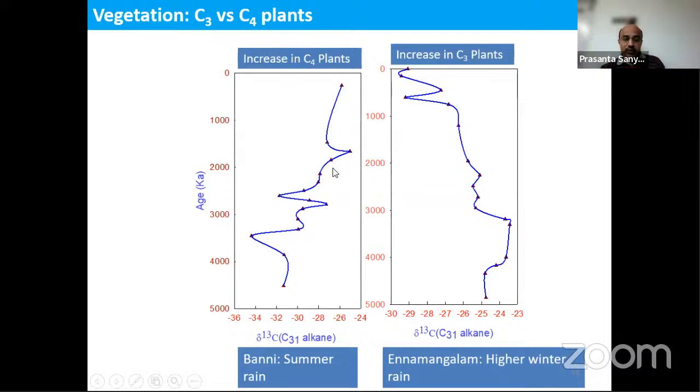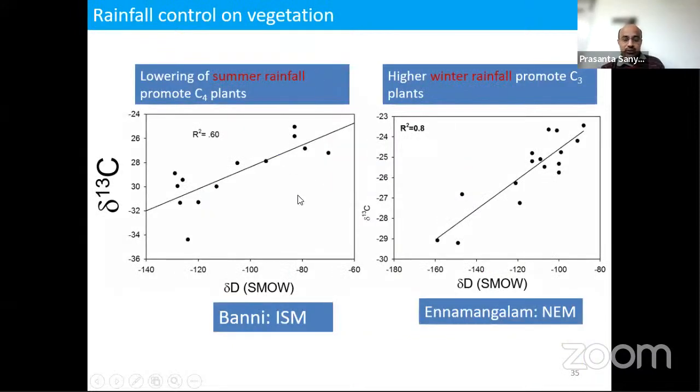So that means if you have two different climatic systems, the response of vegetation is also different. With winter rain, the C3 plants were favored, and with the decrease in the summer rainfall, C4 plants were favored. This is also suggested by this correlation plot. Here you can see in the Banni, the vertical axis is for the carbon isotope and the horizontal axis for the hydrogen isotopic composition.